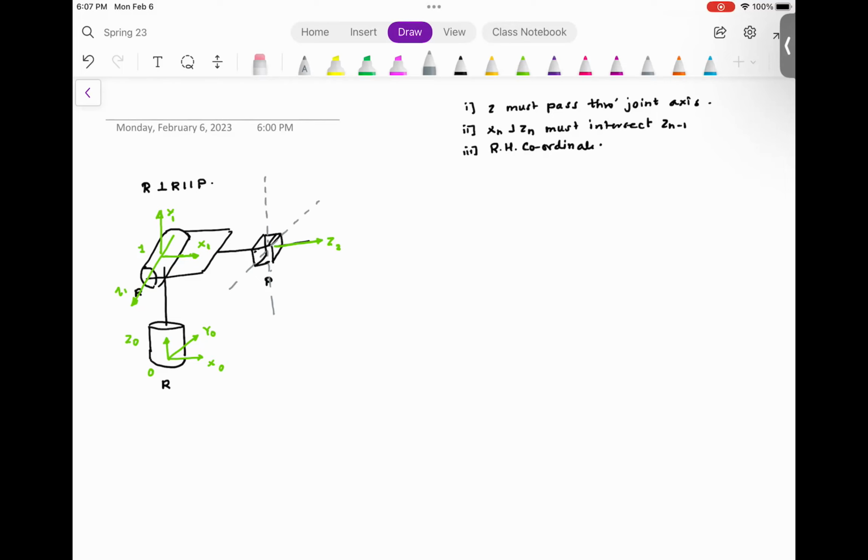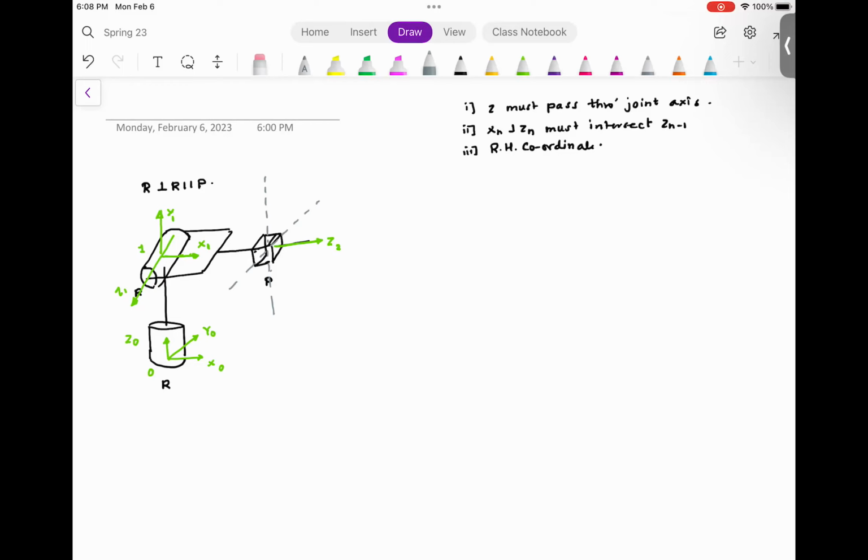But the problem here is, in all these configurations, X2 is perpendicular to Z2, but it is not intersecting Z1. Why? Because please understand, no matter what plane you choose, whether your X2 is coming down, left, forward, or upward, there is a parallel offset between this Z1 and this X2.